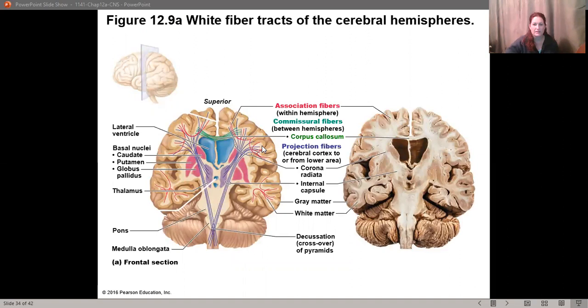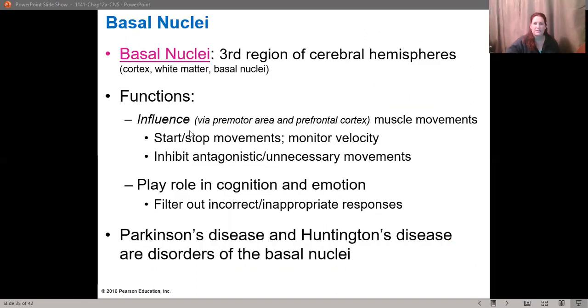So if you look at where the basal nuclei are, you have these fibers that pass through them. So those basal nuclei are going to start and stop movements, monitor velocity, and inhibit antagonist unnecessary movements. They also play a role in cognition and emotion to filter out inappropriate responses.